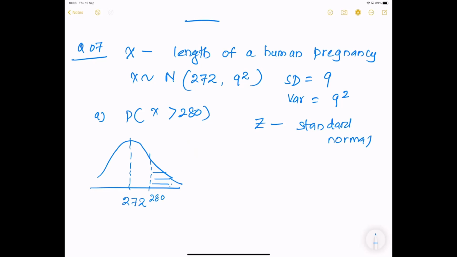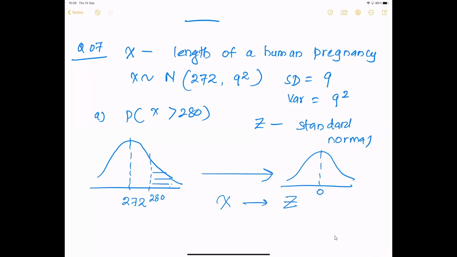This shaded area probability we have to find, right? But we have standard normal, and in standard normal the mean should be 0. Therefore we have to convert this x into z.